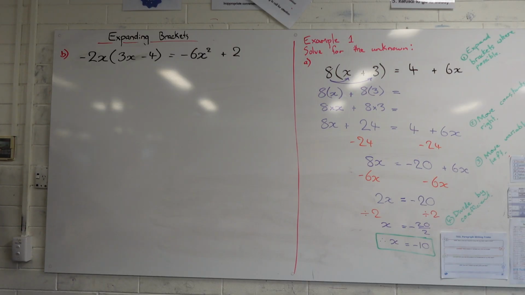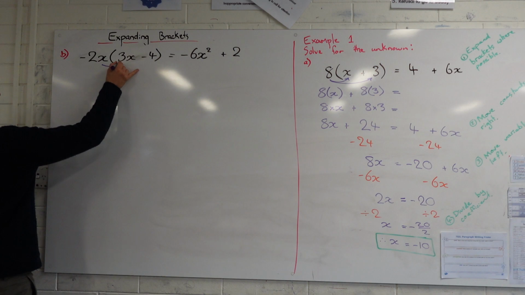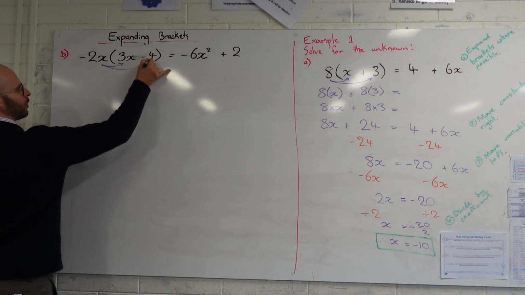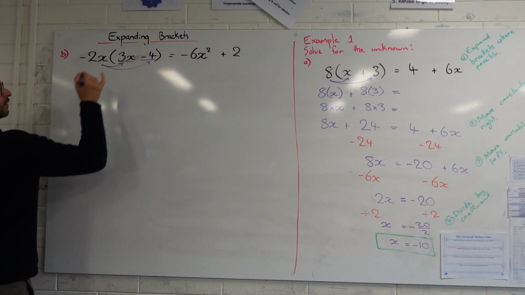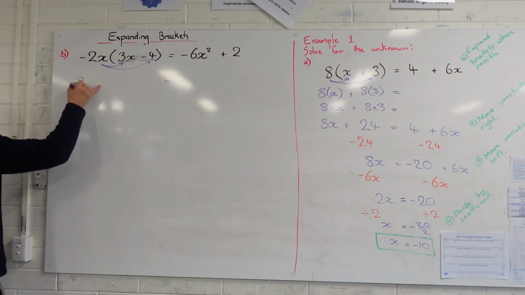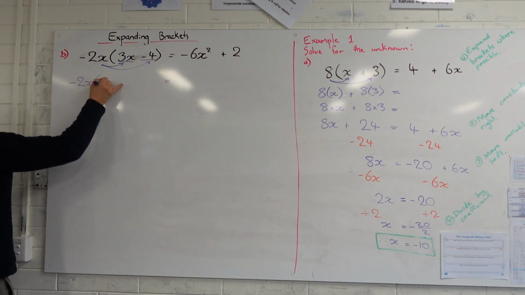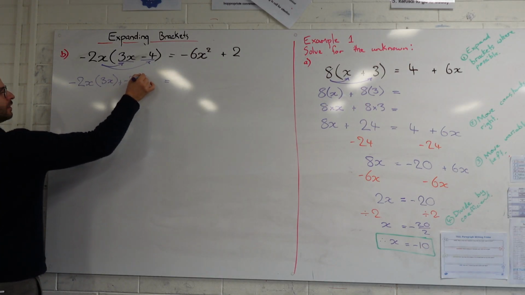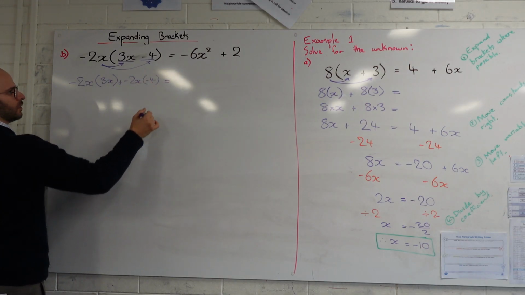So we draw our arrows to show we multiply with the 3x, and with this minus 4 here. Expanding this gives minus 2x times 3x, plus minus 2x times minus 4.